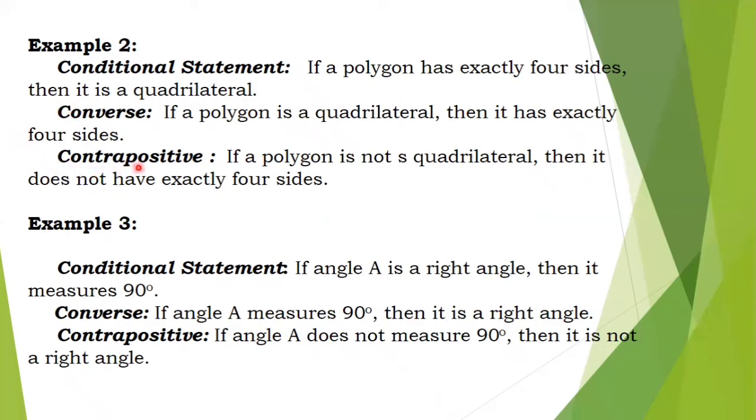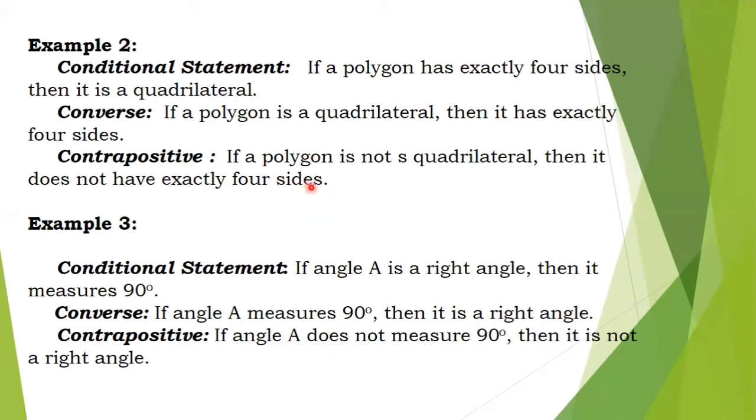Okay, so the contrapositive will be, again, the negation of the converse. Okay, ibig sabihin negation, negative. Okay, contrapositive. If a polygon is not a quadrilateral, sorry for this. If a polygon is not a quadrilateral, then it does not have exactly 4 sides.